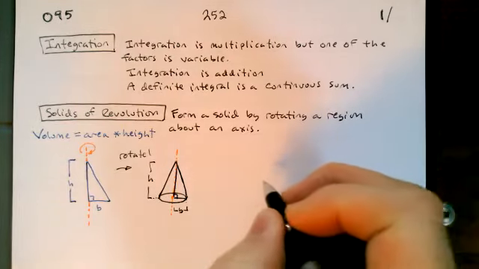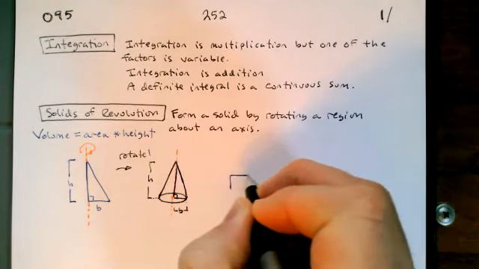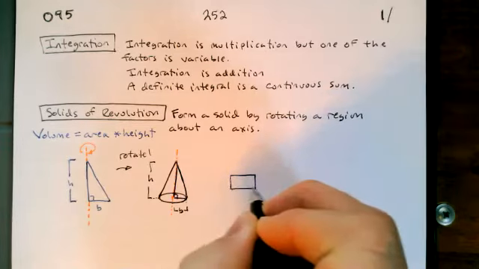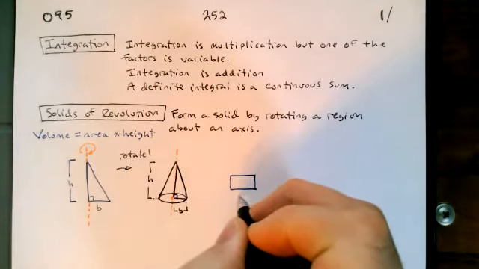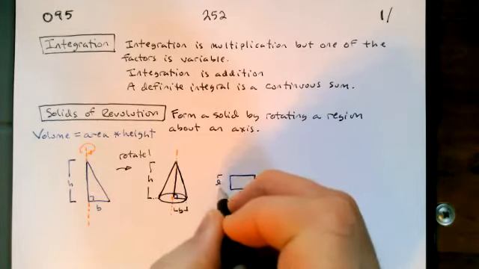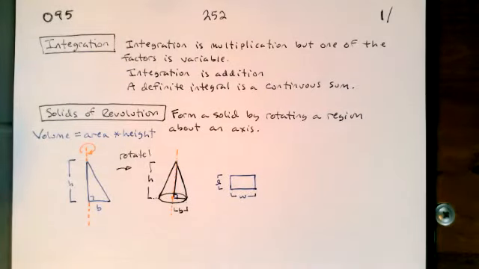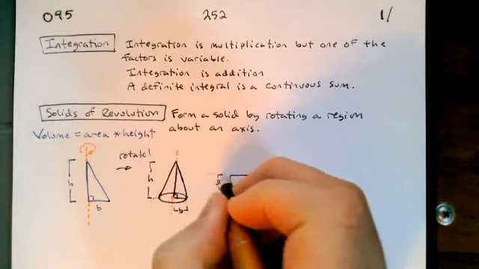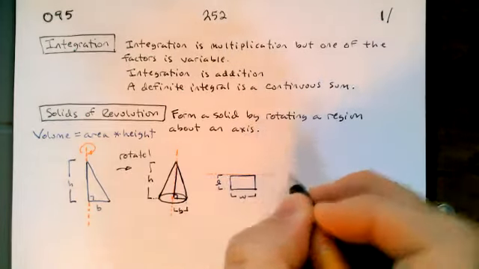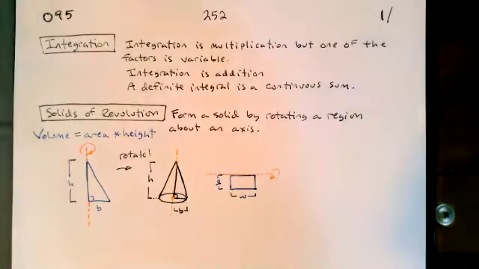So if we take, let's say, a rectangle with some length and a width, and rotate this around an axis, this will give us a cylinder.